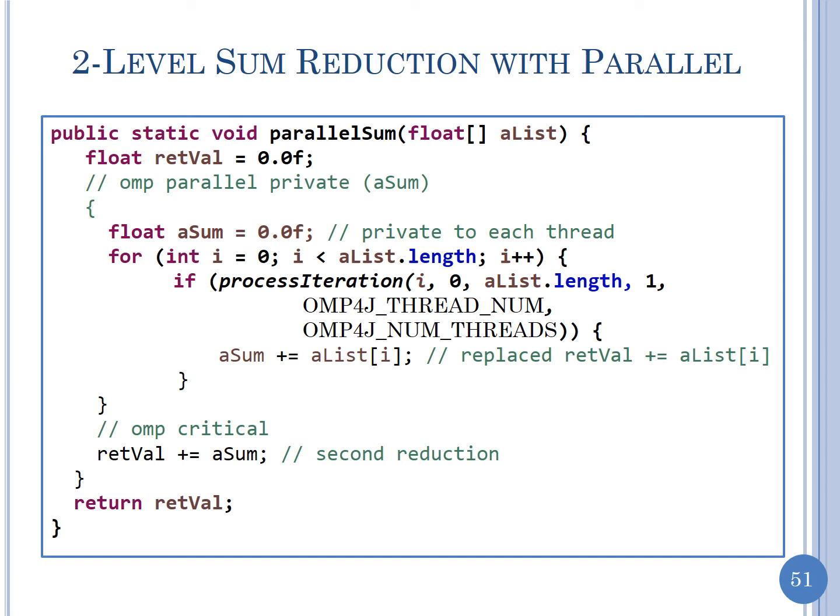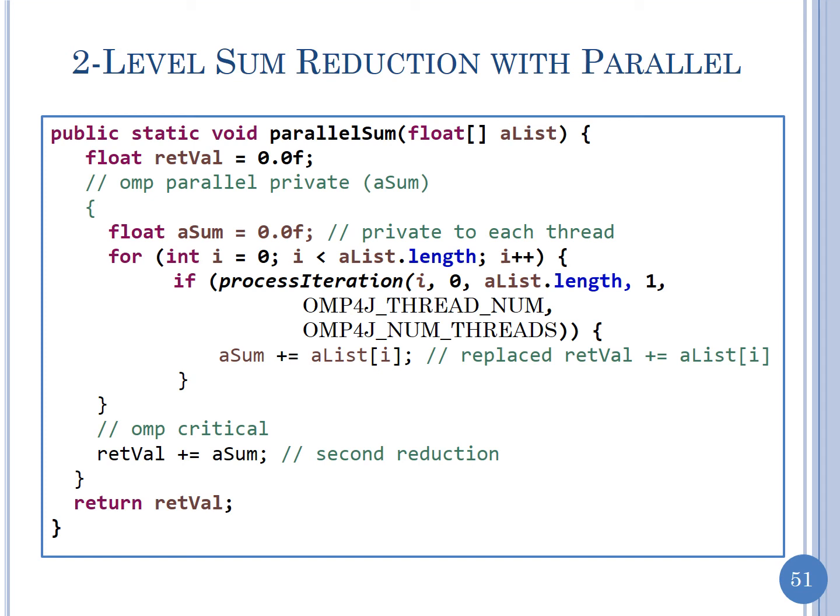Did we tell it how many threads to use? Yes. If we don't, it'll pick up a default number. So we didn't have to do that. Now we don't have to worry about 2 versus 4. It just picked up a number of threads, and we have a retval variable and a sum variable. Retval is before the parallel construct, so that is shared.